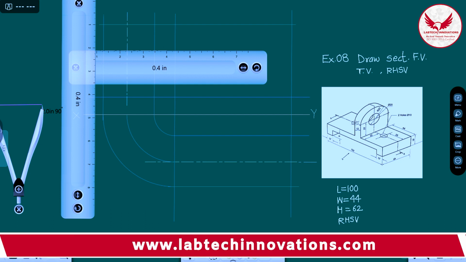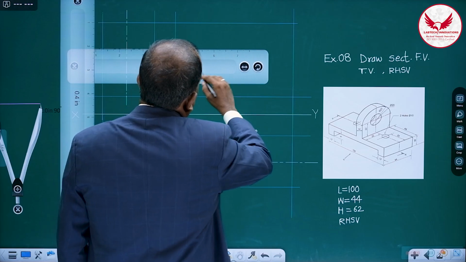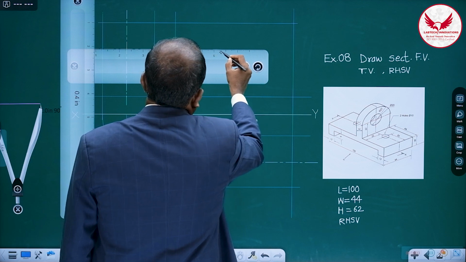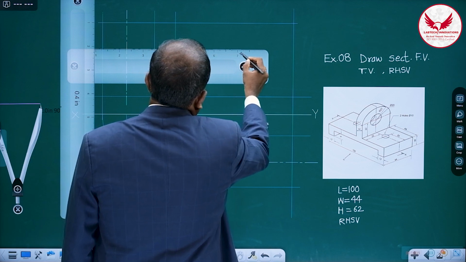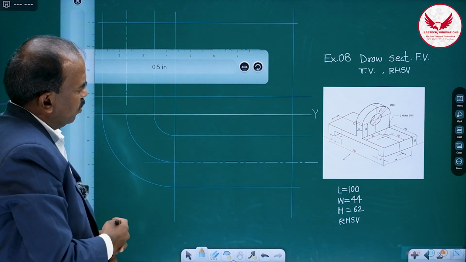And this center line you can transfer from the side view to the front view, but it is almost in the middle face. So only in this part we can mark the center line in the middle portion.